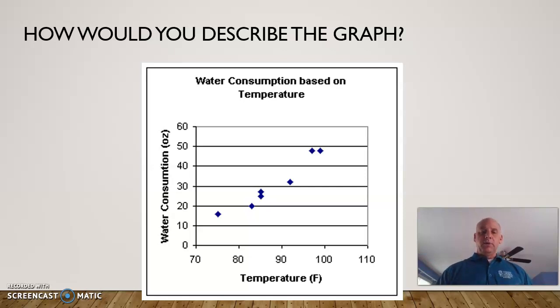So if you look at this, we plotted the findings on a graph here, and here's each of the measures. So 75 degrees, and they drank 16 ounces of water, and it works its way up. Here's the 99, 97, where they drank 48 ounces of water. But what does that look like? If you looked at those dots, what does it look like? Well, if you use your imagination, I know it's not perfect, you could kind of draw a line there, and all those dots would be pretty close to that line.